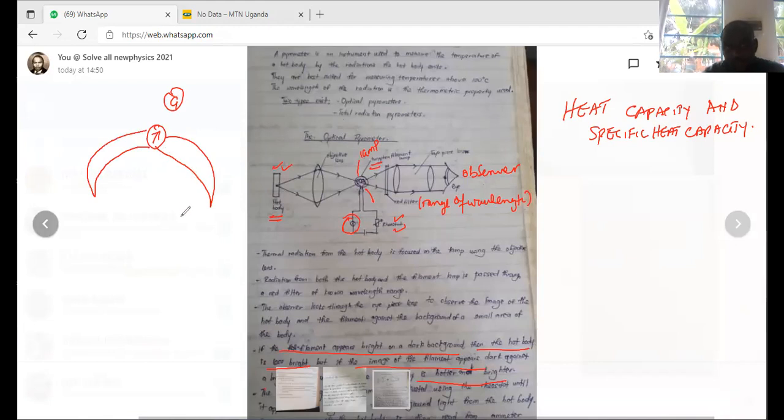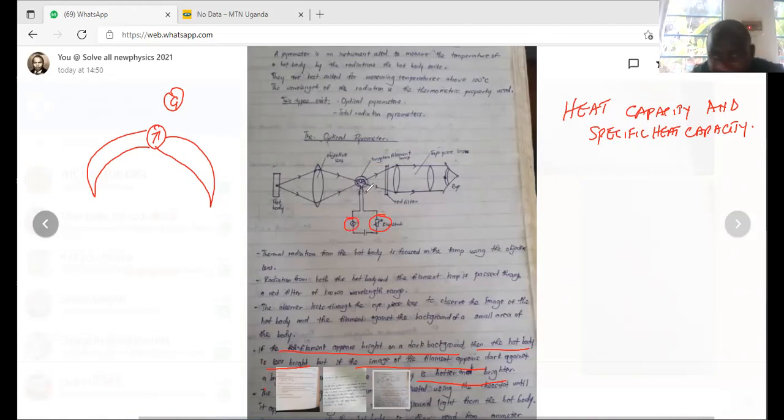Teacher, on the diagram which is on the screen of the optical pyrometer. Instead of doing what? Drawing that full filament with a circuit. It's okay if you just put the filament. Now, the challenge is you'll have to talk about the rheostat to adjust. You also have to talk about the ammeter, which will predict the current flowing at that instant.